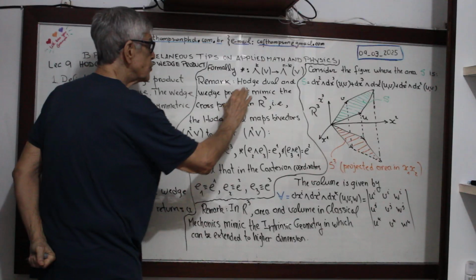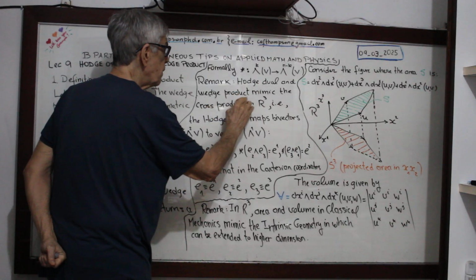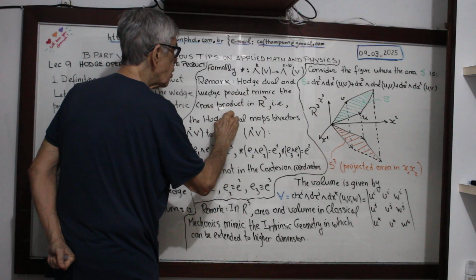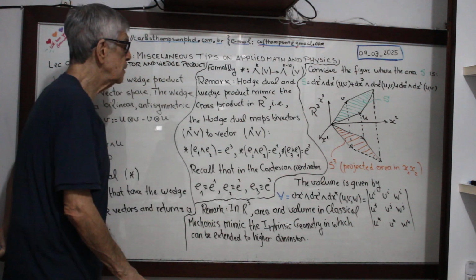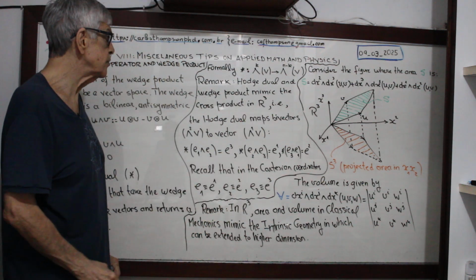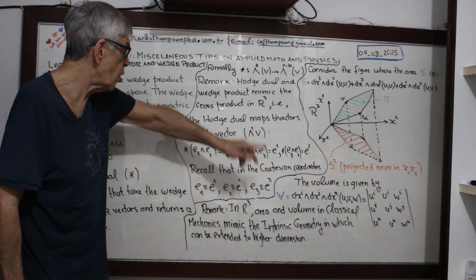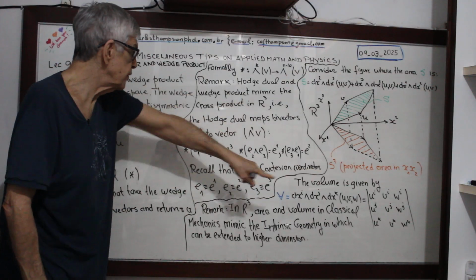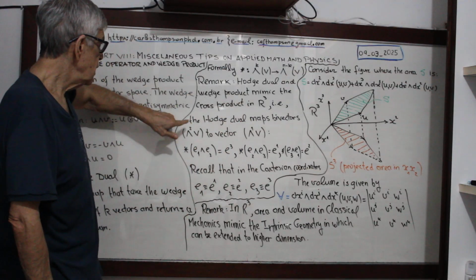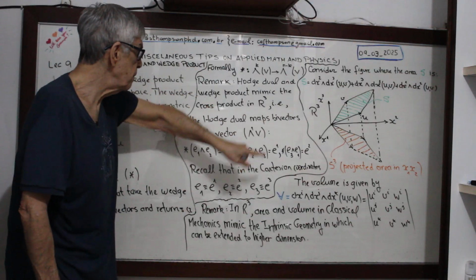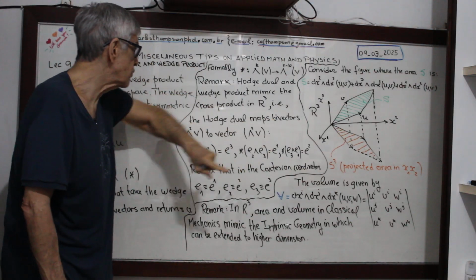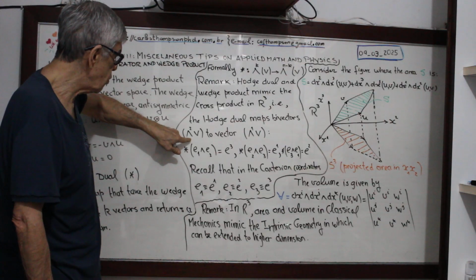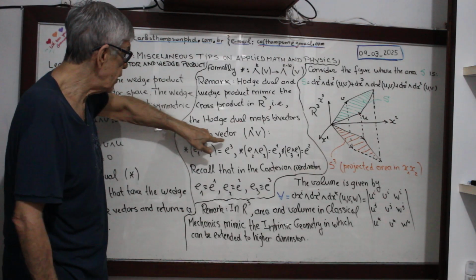Remark: the Hodge dual and wedge product mimic the cross product in R3. That's very important, because I'll talk about this later in this lecture. The Hodge dual maps bivectors, which belong to this space here, to a vector.